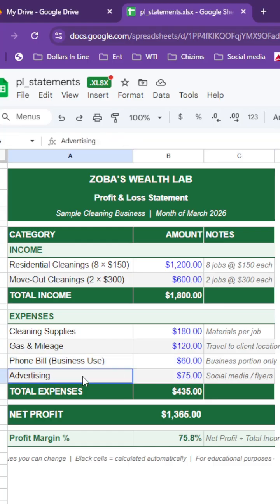And then they spent $75 on social media and flyers. So these are the total expenses for the month, which means the business made a profit for the given month that we are looking at. And so this is what a sample profit and loss statement looks like. It could be longer, it could be shorter. If you have a business that has multiple streams of income, this section could be longer as well.